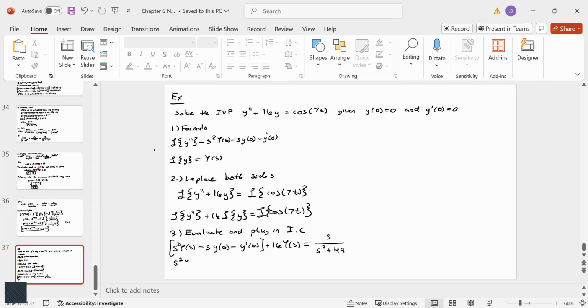So s squared Y of s minus s times 0 minus 0 plus 16 Y of s equals s over s squared plus 49. And that makes this really easy. s squared Y of s plus 16 Y of s equals s over s squared plus 49.